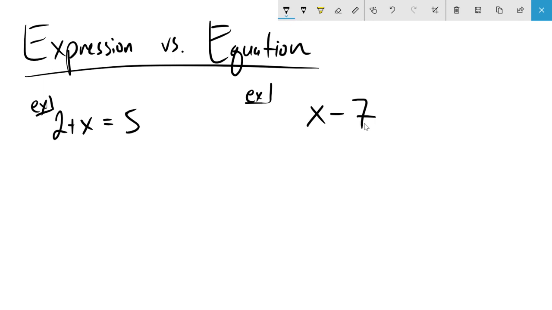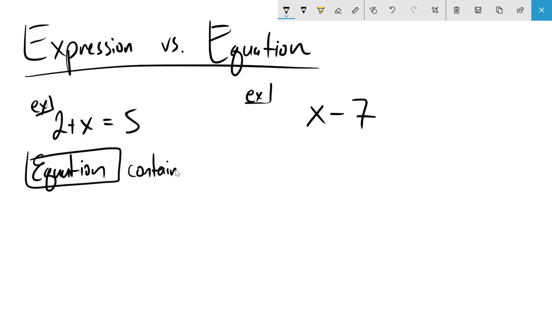Which one's an expression and which one's an equation, and how do you know? The equation is 2 plus x equals 5 because it has an equal sign. Yes. And the other one's a statement. Exactly. So if it contains an equal sign, then it's an equation. If it doesn't contain an equal sign, this is what we call an expression, or you could call it a statement.